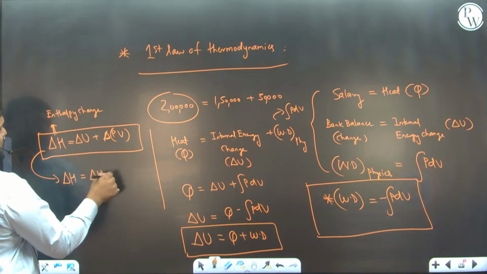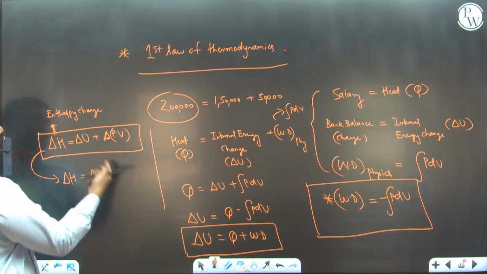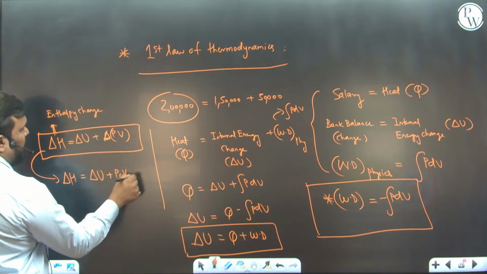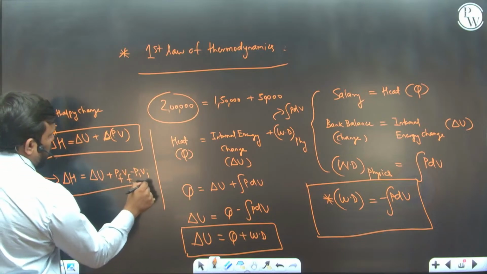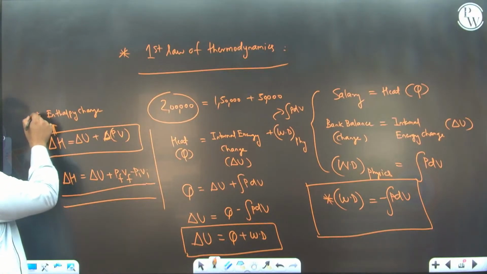Delta U plus, they have given us the PV values: P initial, V initial, P final, V final. So how to write it down? Delta PV will be P final V final minus P initial V initial. This way we have to use this equation which relates enthalpy change with the internal energy change.